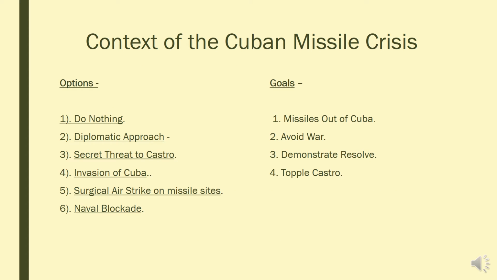If we put this into the context of the Cuban Missile Crisis, we see then that ExCom came up with a set of perceived options and the goals of the nation state in this given situation. The first goal was the missiles out of Cuba, the second to avoid war, the third to demonstrate resolve, to stand up for ourselves.